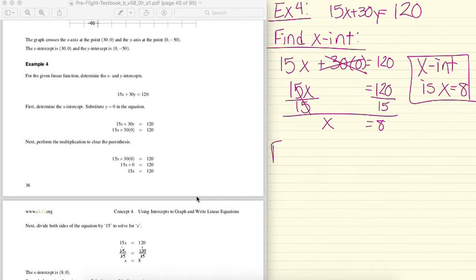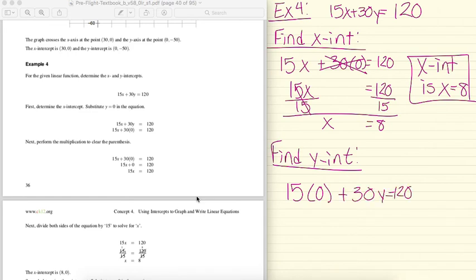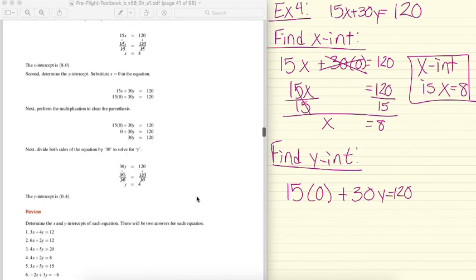Next, we're going to find the y-intercept. Finding y-intercept is plugging 0 in for x and solving for y. So in doing so, I end up with 15 times 0, which is just 0, plus 30y equals 120.